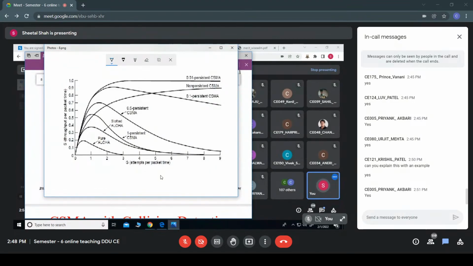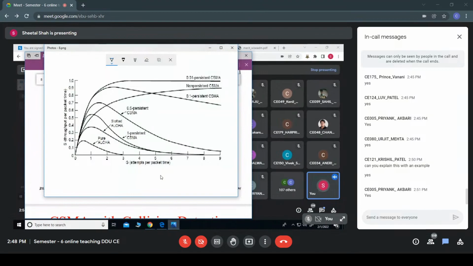You can see that at the lower value of attempts per packet time, the non-persistent CSMA, this graph, is lower, whereas one-persistent CSMA at the lower load works in a better way. It has a higher value than the non-persistent CSMA.